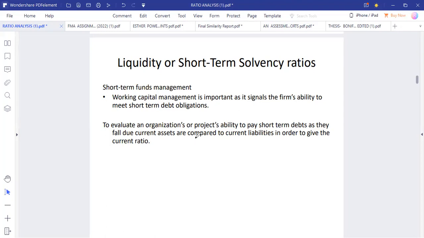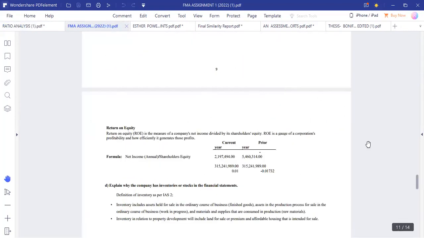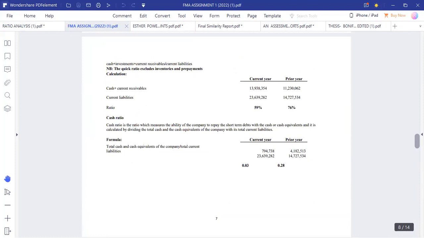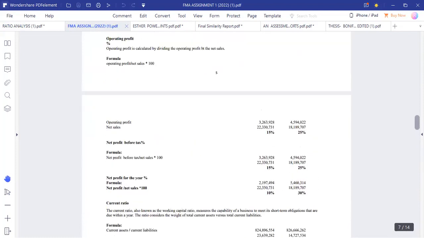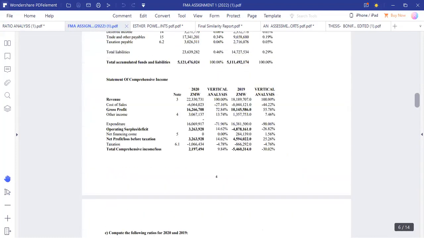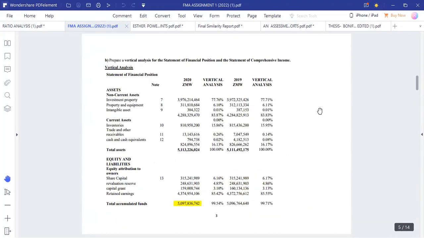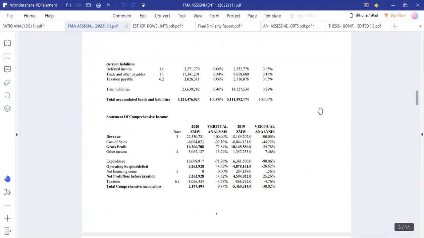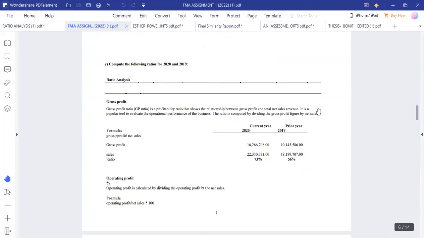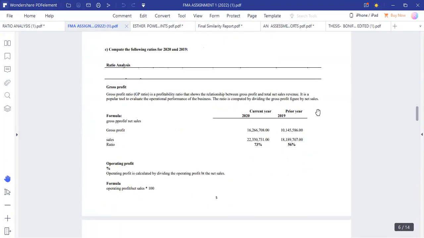So this should also be a privilege to understanding the items in this assignment, because you may not really know how to interpret this if you don't understand what the ratios imply, whether an increase, whether the picture is of an improvement or not. So it would be very imperative that firstly we look at what these ratios entail.